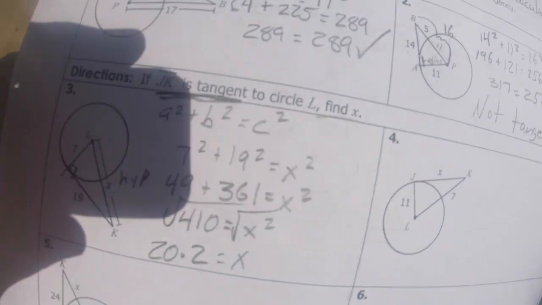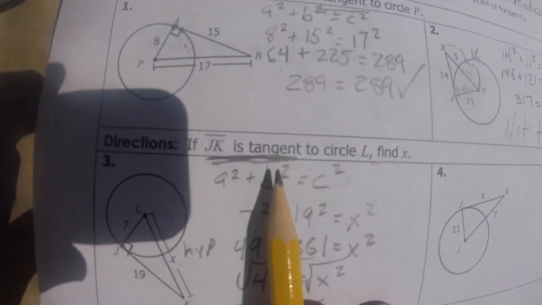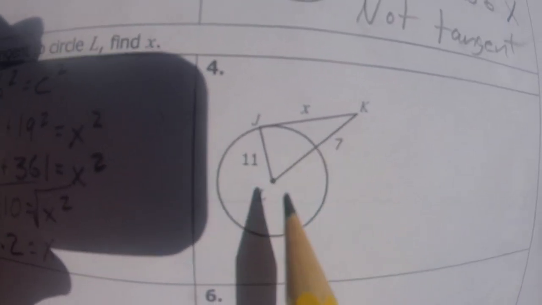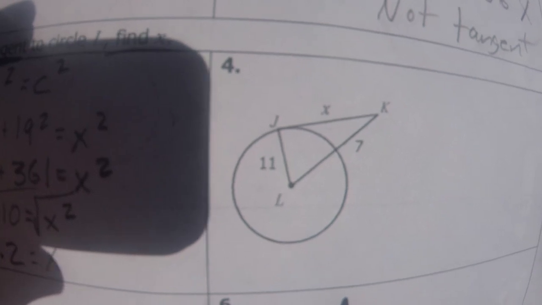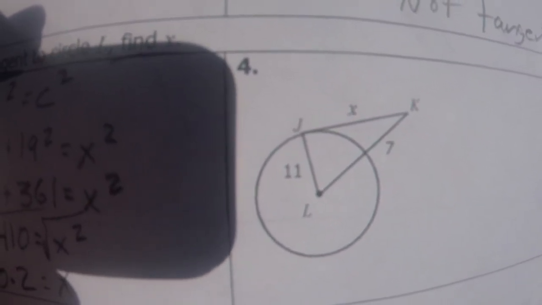All right, moving on. So remember, for all of these, JK is tangent. They're saying here's the tangent line. Which one's the point of tangency here? Remember, the point of tangency is the point that touches the circle.